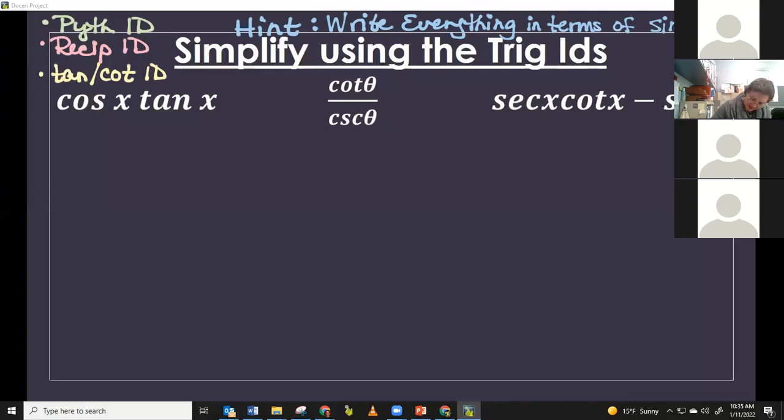So here I have cosine x, and that's being multiplied to tangent. Can I rewrite tangent in terms of sine and cosine?